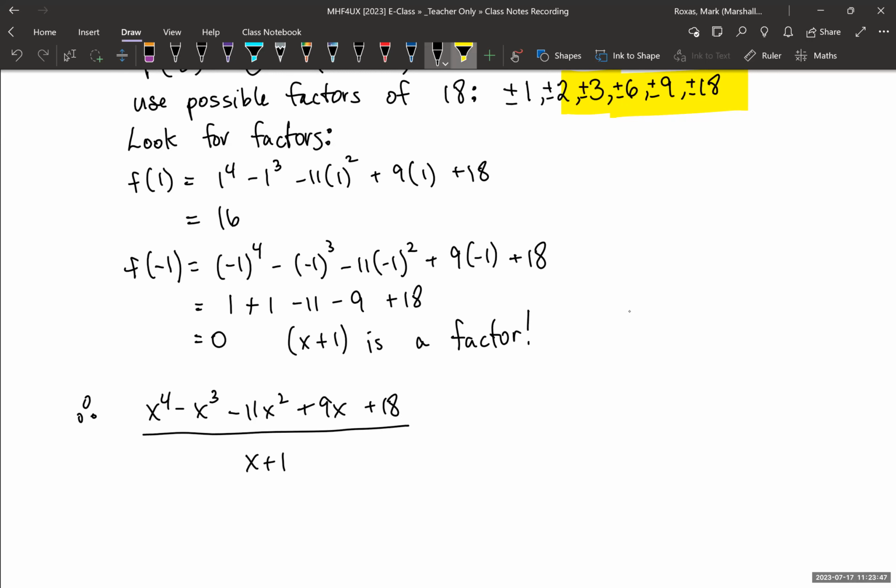I know I put minus 1 for b, which means x minus b, right? So x minus b equals x minus -1. So that should be x plus 1. That's your factor. Remember, x minus b is the factor. You plug in b, and that satisfies your factor theorem. So the factor we're considering here is x plus 1. Okay, so let's apply synthetic division.